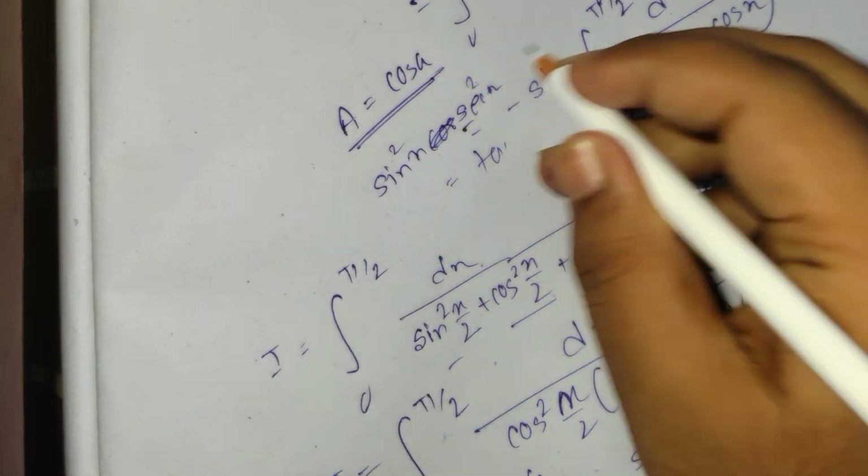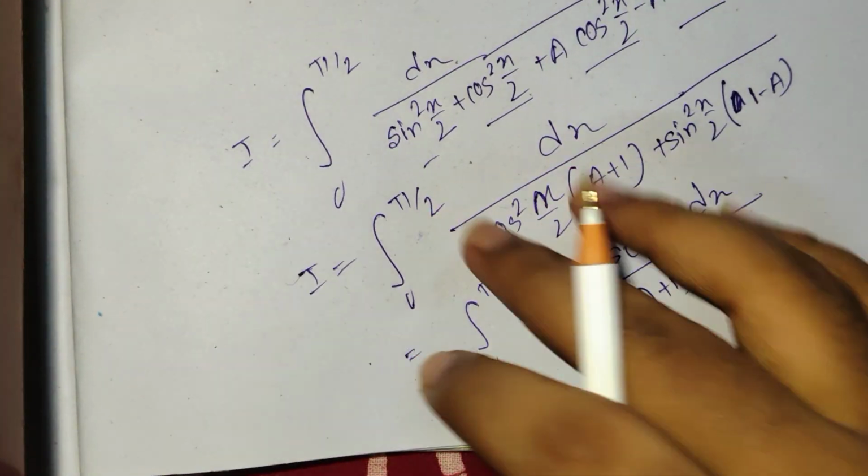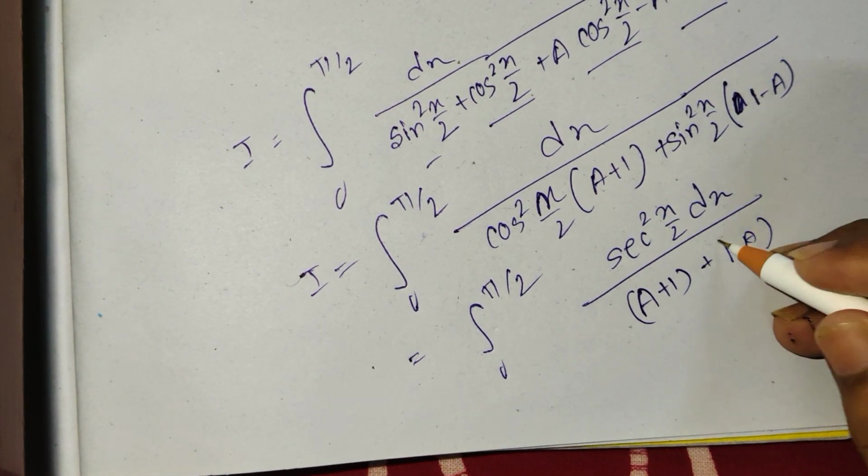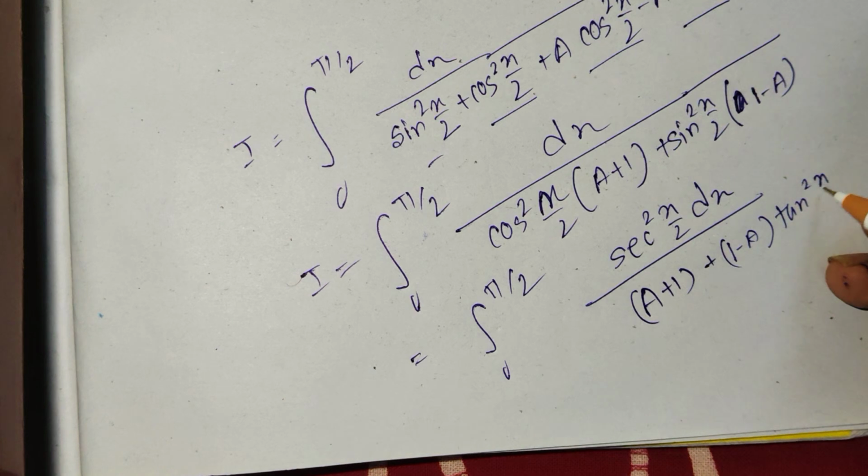Now we are talking about the squares, so this is (1 minus a) into tan square x by 2.